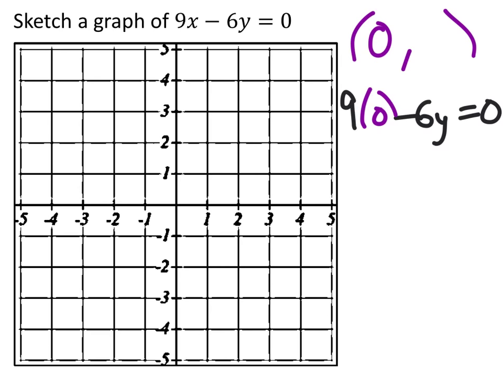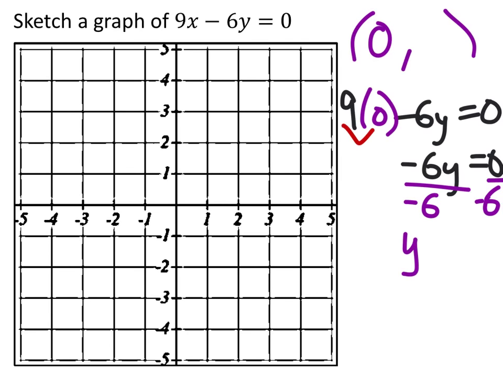So 9 times 0 is 0, that's pretty nice. Minus 6y equals 0, which really just ends up being -6y equals 0, right? And then we can divide both sides by -6, not that everyone really needs to, but that tells us that y is 0.